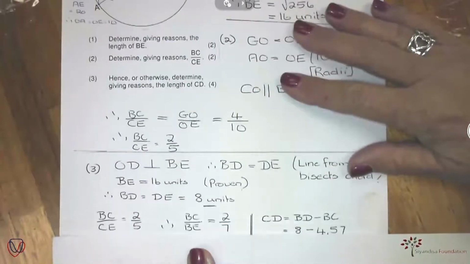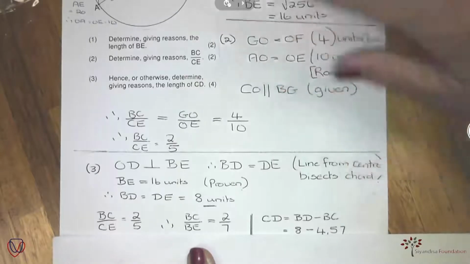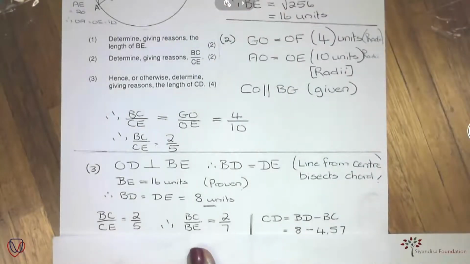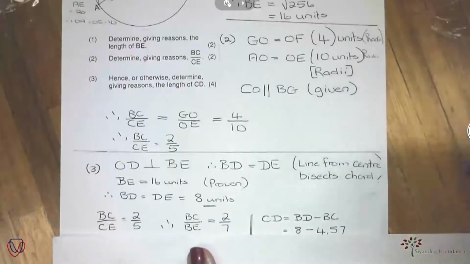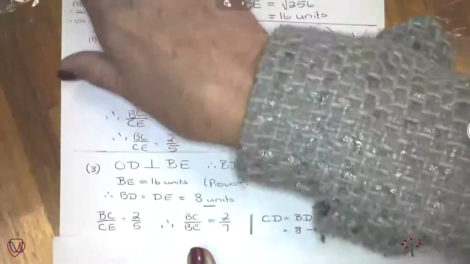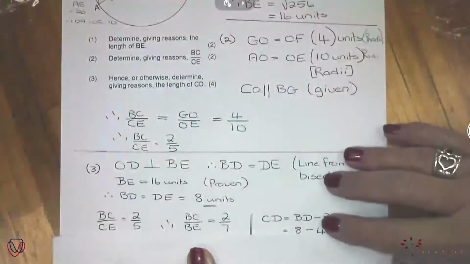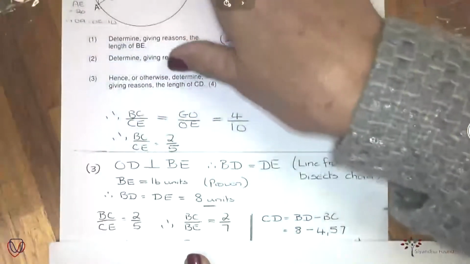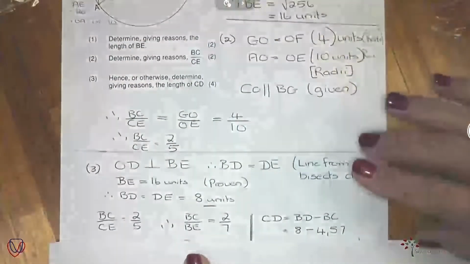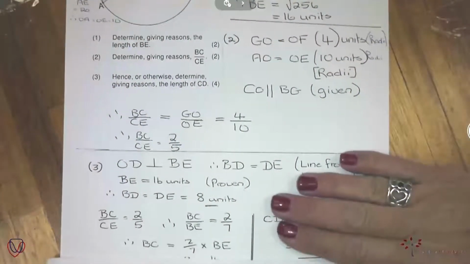Then we'll say BC over CE is 2 over 5. We already proved that. Therefore, BC over BE, we've already done that also, is 2 over 7. BC over BE. Can you see that? Is 2 over 7.